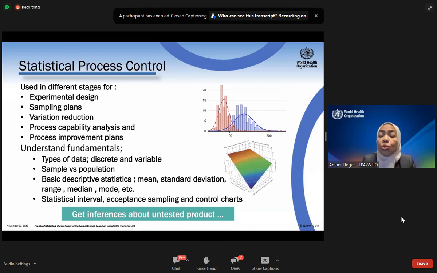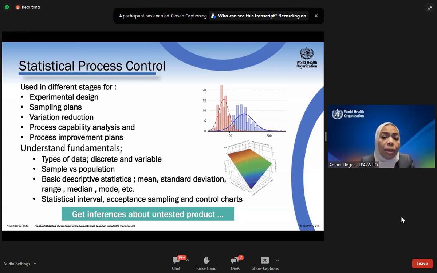And to select the most appropriate statistical process analysis, you need to have a proper understanding about the statistics and fundamentals of your data. So you need to know what type of data you are handling and you will implement the statistical analysis on. Is it discrete? Is it continuous data?